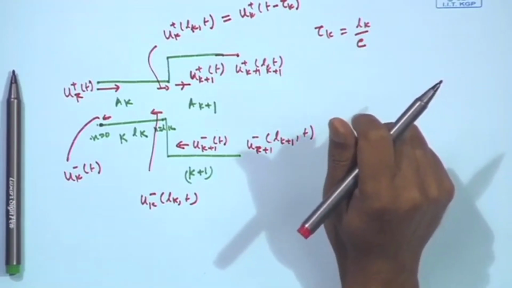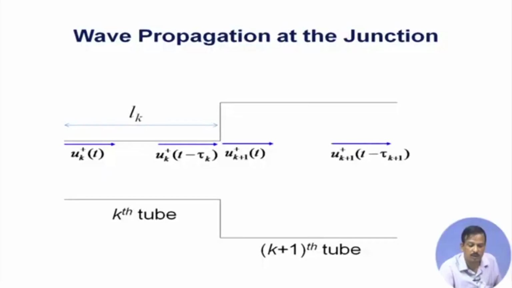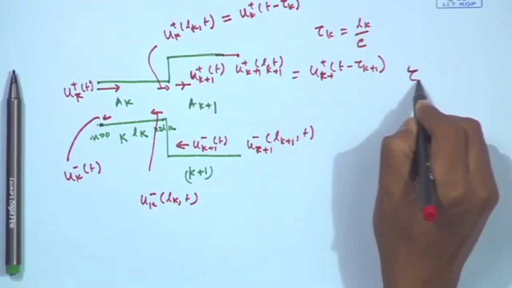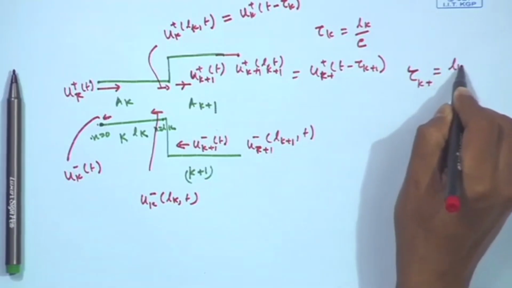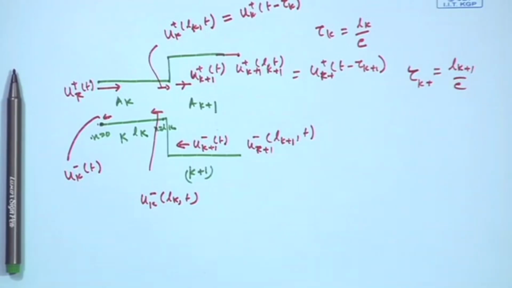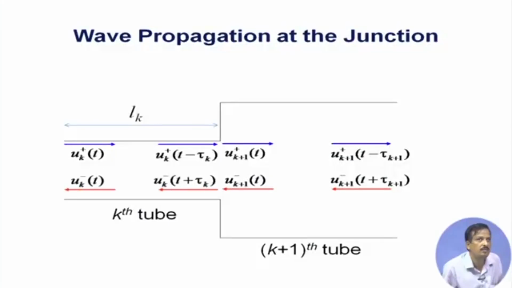Here it is k plus 1: this will be nothing but u_{k+1} plus (t minus tau_{k+1}), where tau_{k+1} is nothing but L_{k+1} divided by c. Backward wave same, I can say the backward wave like this way.